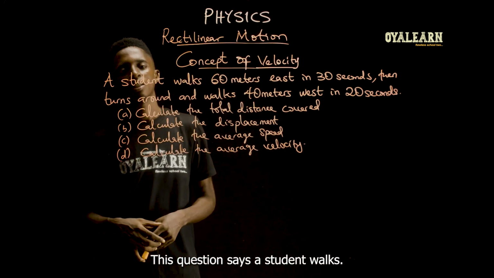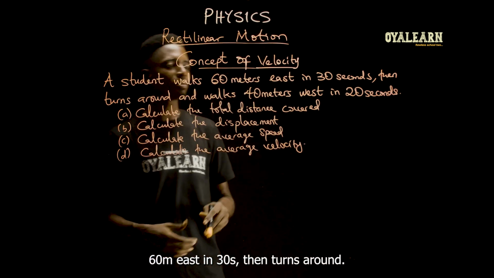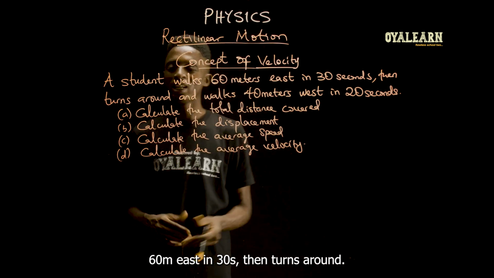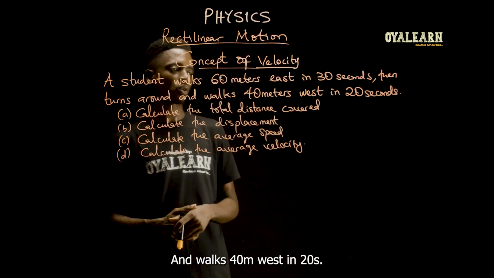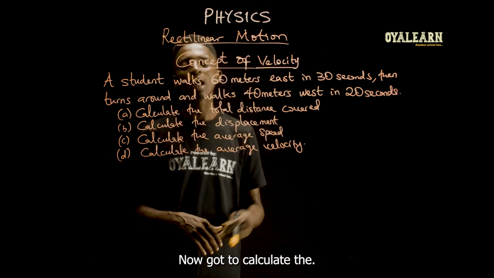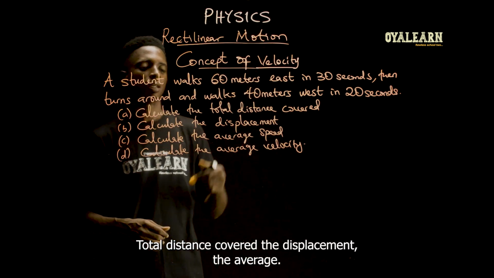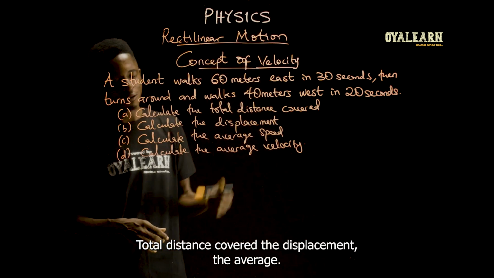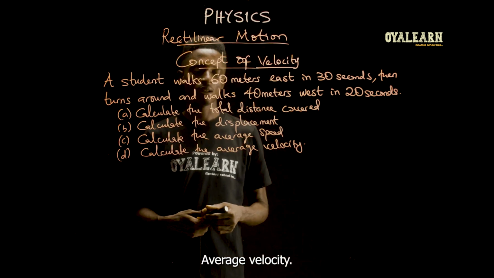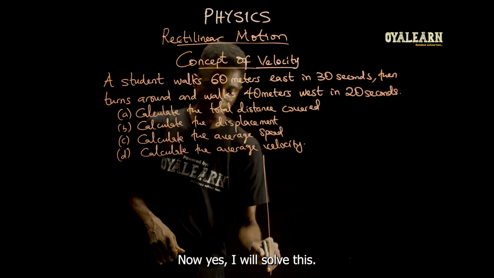This question says a student walks 60 meters east in 30 seconds, then turns around and walks 40 meters west in 20 seconds. We have to calculate the total distance covered, the displacement, the average speed, and the average velocity. Here's how we solve this.